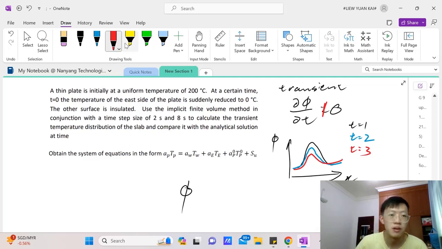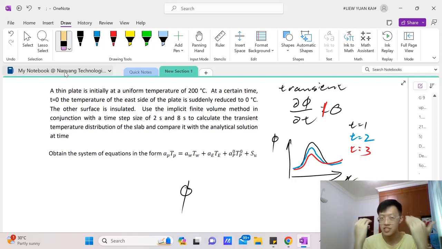Whereas for a steady state problem, which we faced so far before this tutorial, you never see d phi dt show up. So even at time equals 1, 2, 100, or 100,000, it would just be stuck at that initial shape that you see.